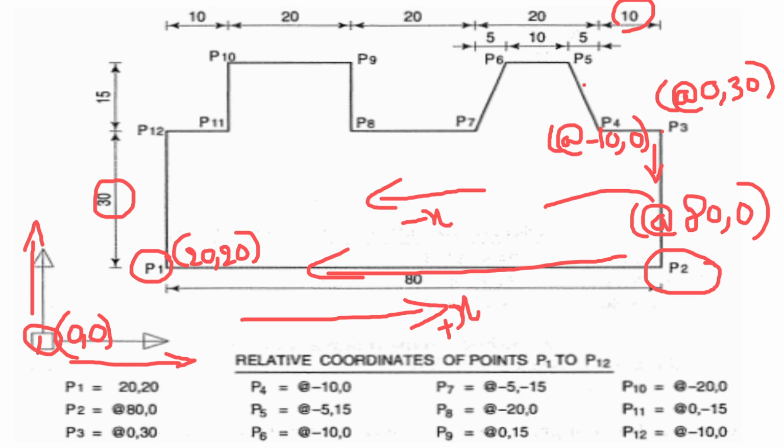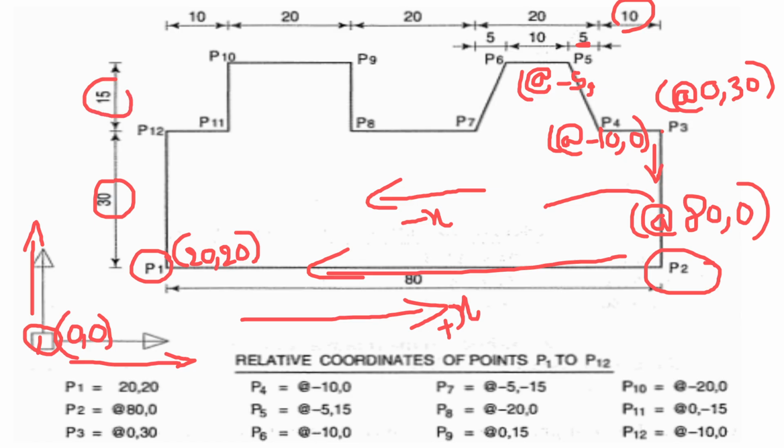Now we'll see point P5. Again for point P5, at the rate, you can see from P4 to P5 we are moving 5 in the negative x direction. For that reason, I will represent minus 5, comma. In the y-axis, we will be moving above, that is positive. When I move from P4 to P5, I am moving in the negative direction by 5 along x, and in the positive y-axis I will be moving a distance of 15.